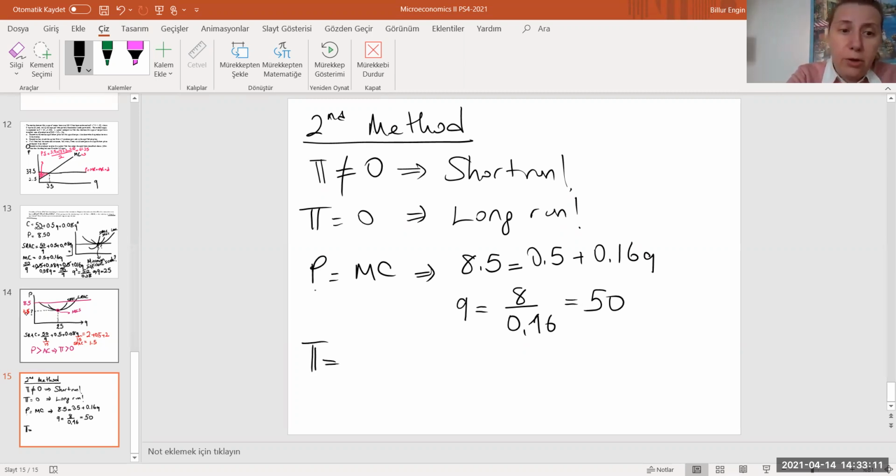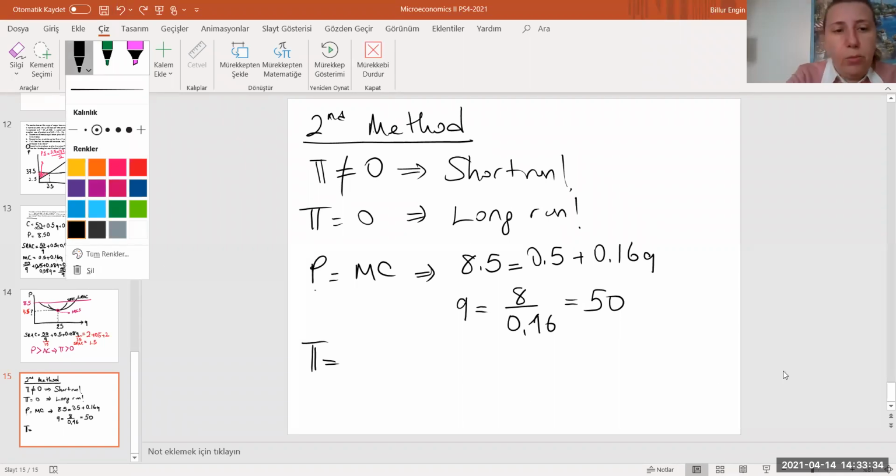We found the average cost in the first method, so we can use the profit is Q times price minus average cost. Sorry, we found the minimum point of average cost. So no need to use it.